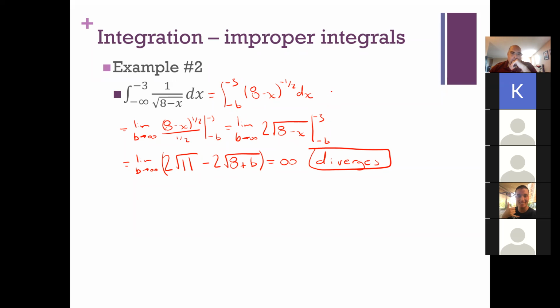It has to be greater than 1. And what's this p value here? Positive 1/2. So yeah, we should have expected this to diverge. The sequence converges, but the series diverges. And since we're interested in the integral, that's going to follow the behavior of the series.